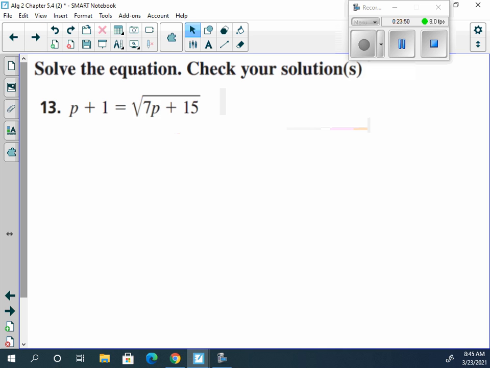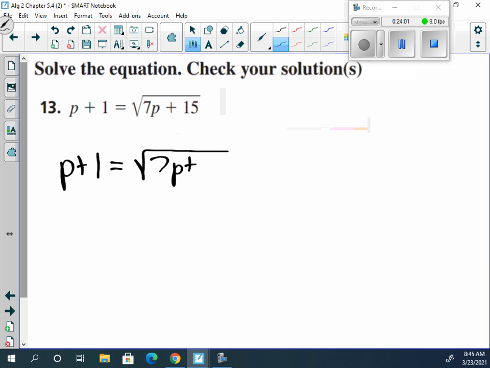One, is the radical by itself? It is. The square root of 7p plus 15 is by itself. Since it's by itself, is it equal to a negative number? Well, no, it's equal to p plus 1. Could it be negative? Well, yes, but it can also still be positive. Like with the previous one where we had it equal negative 9, well, that's all it can equal, so it doesn't work. So that means we can move on to step 2.